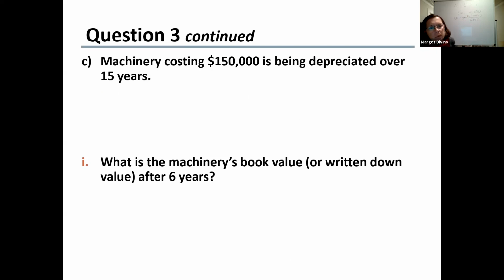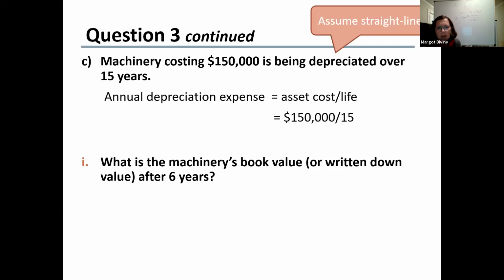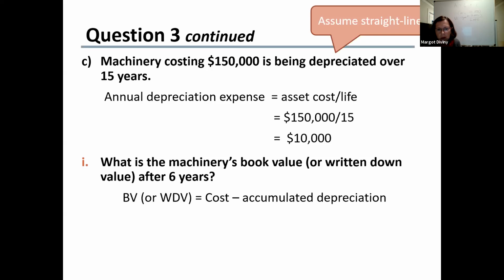So if you bought a piece of machinery for $150,000 and it has a 15-year useful life, then obviously that's $10,000 per annum. So after 6 years, you've got an asset that started at $150,000. It's had $10,000 a year over 6 years. It's now worth only $90,000. Okay, so the maths is as simple as that.